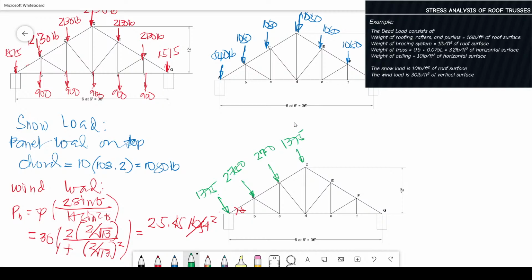We consider wind load from either side, but we chose the left side.